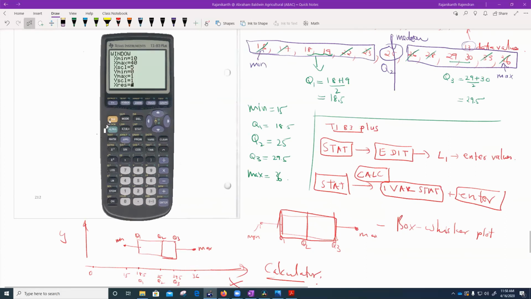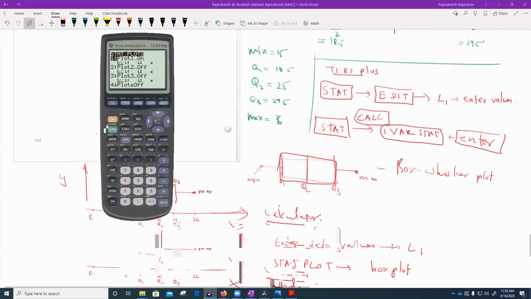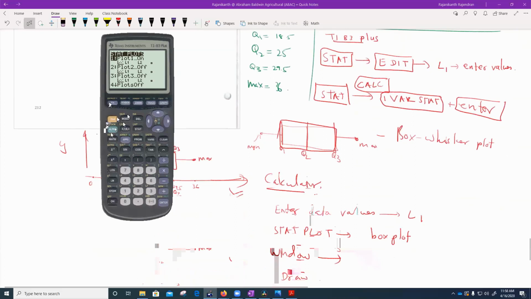Then come out from this window. Now go to the second button and set plot. Okay, second button and white, that is stat plot. You see here I'm choosing plot number 1. Make sure that the remaining are all off. So I'm choosing number 1, enter. Right, I'm under number 1. Which type of graph do I want? I want box plot.